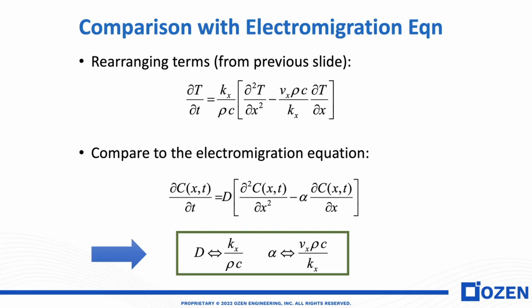So then you can say, okay, capital D in the traditional electromigration equation is k sub x, which is thermal conductivity in the x direction, divided by rho C, the density times specific heat, and alpha, the electron force, is nu sub x times density times specific heat divided by k sub x, which is thermal conductivity.